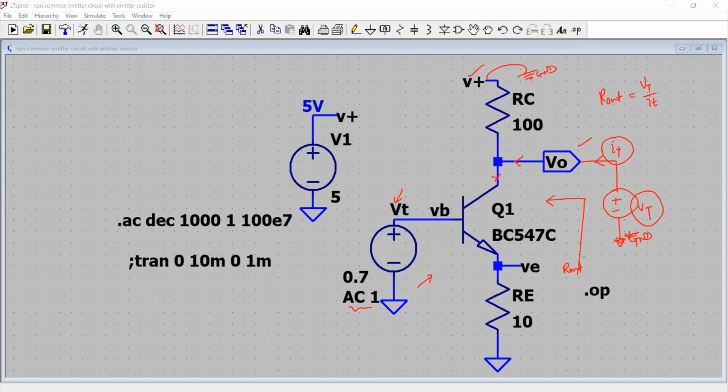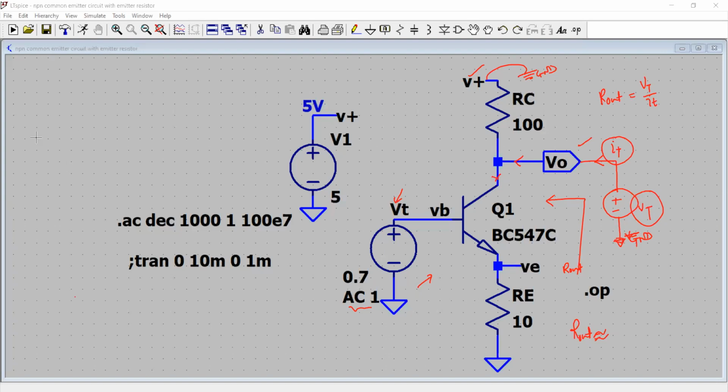And theoretically, in the previous model, we calculated that R out was approximately, let me recall that, how much was that? The R out expression that we calculated. Let me see that.